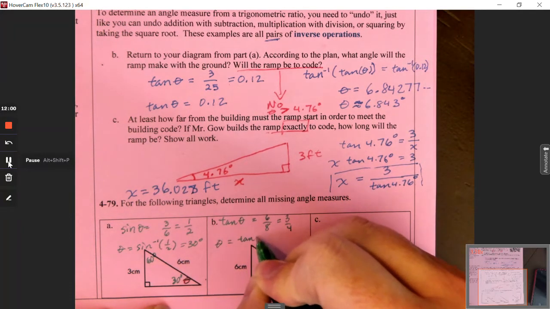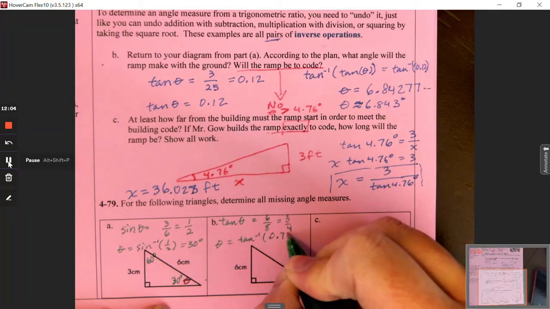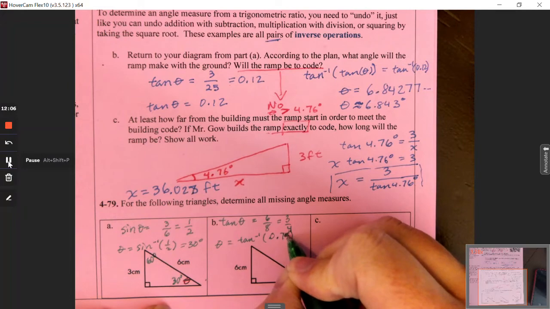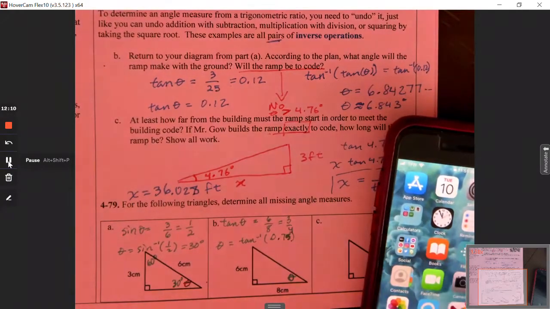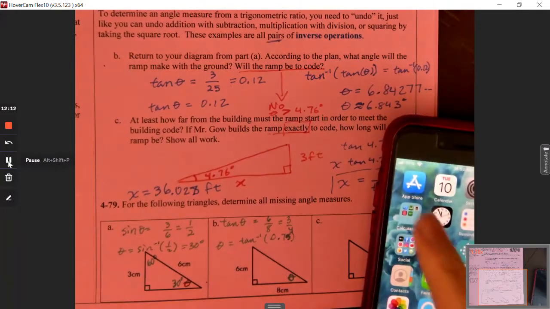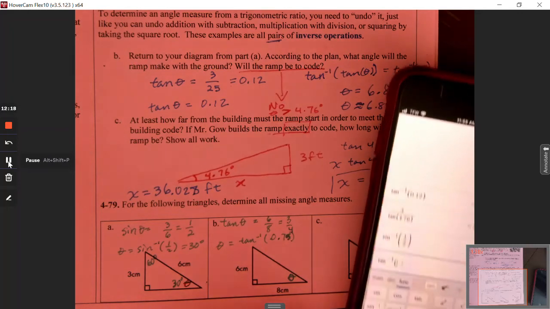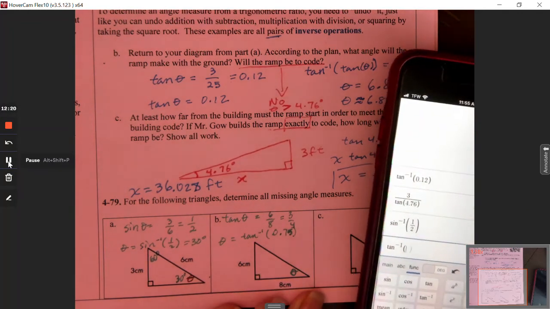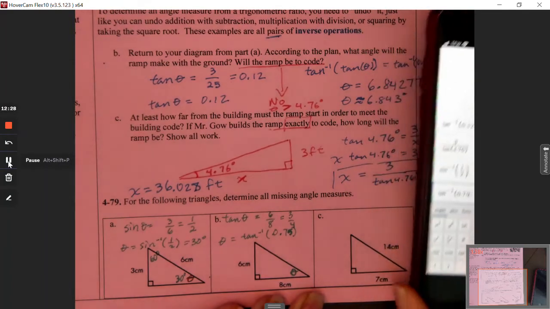36.8698. Theta equals 36.87. I want 3 decimal places, so that is 36.870, because it rounds up. Then I'm going to find my other angle. It's not as easy as the last one because it's not clean, but it will be 90 minus the answer I just got.